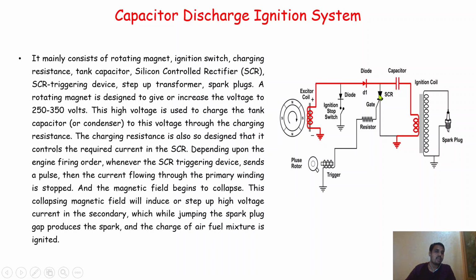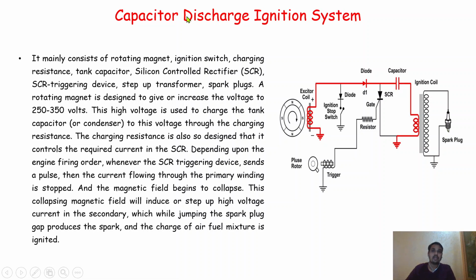That small EMF is then supplied to the primary winding, and then it comes back to the capacitor, and this circuit is completed. After there is some excitation in the primary winding, the high voltage will be generated in the secondary winding, and that high voltage current will then be supplied to the spark plug. So this is the simple working of the capacitor discharge ignition system.